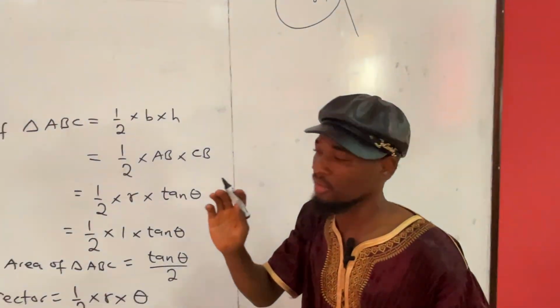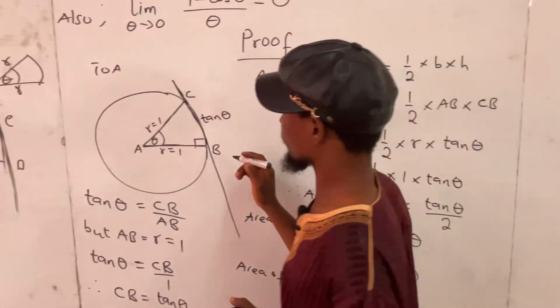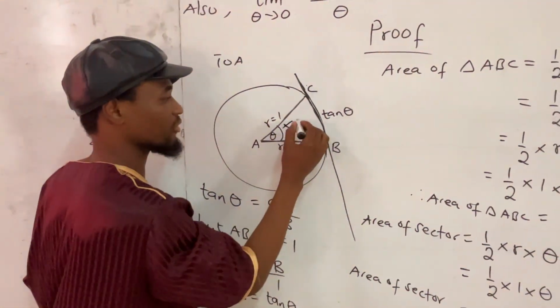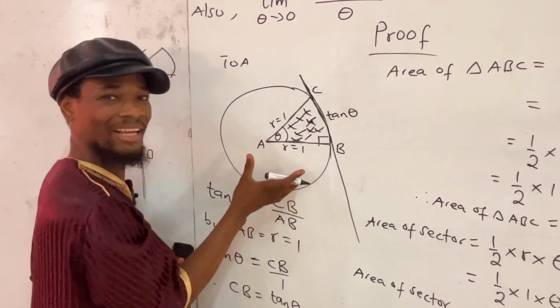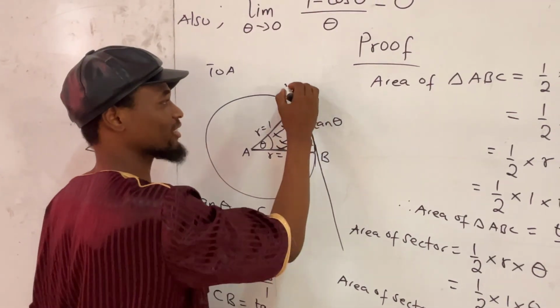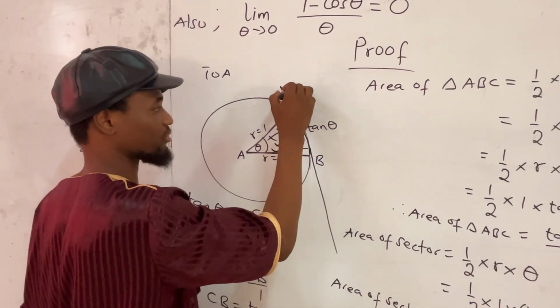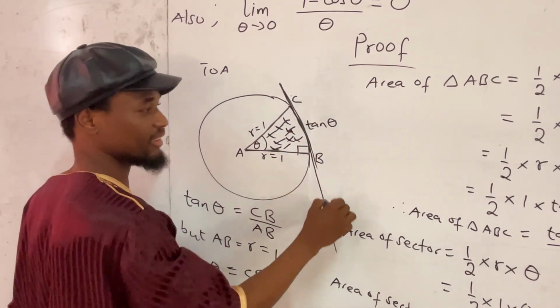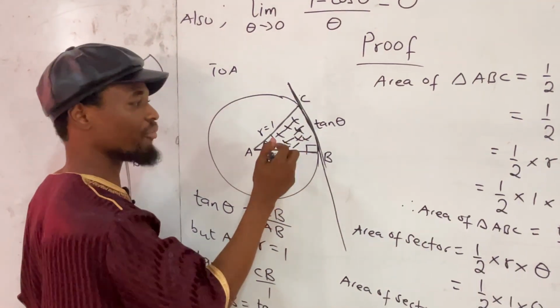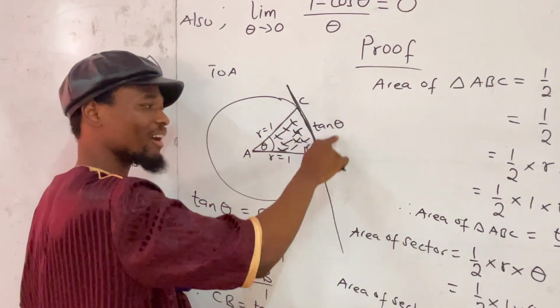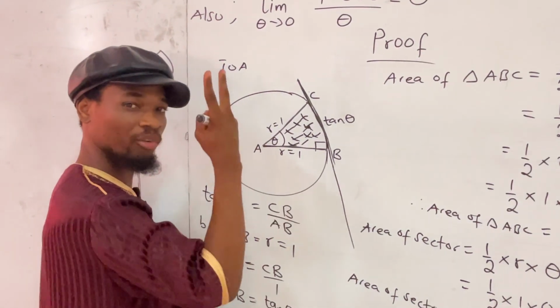So viewers, let's come here. See this side, this is the area of the sector. And this side, we have the tangent this way, right? So we found for this, and we found for the entire area of the triangle. So we found for two things.